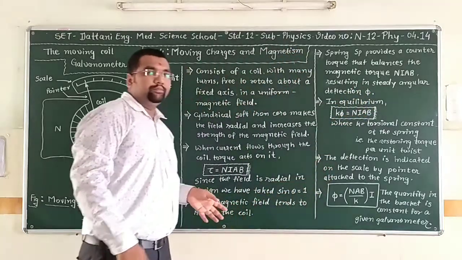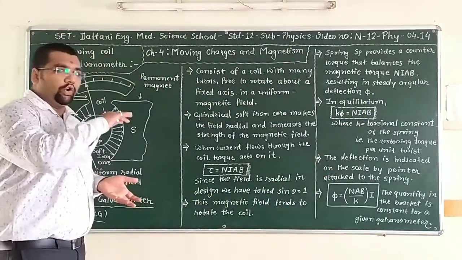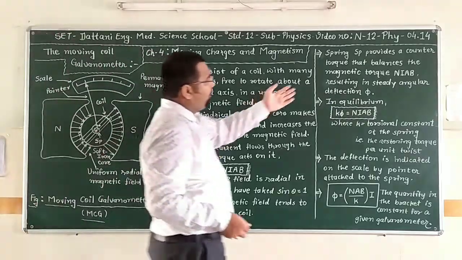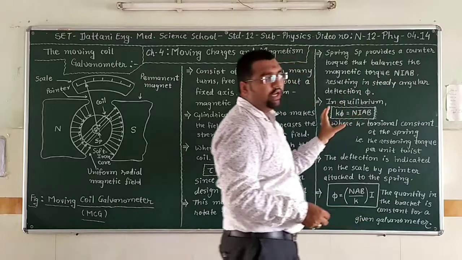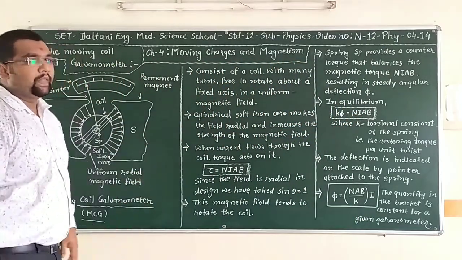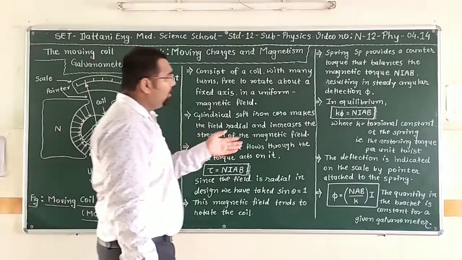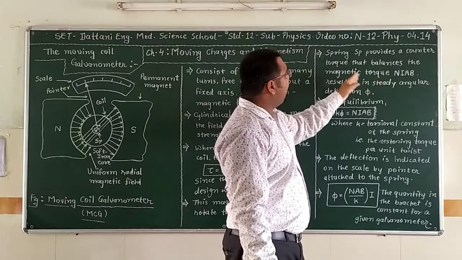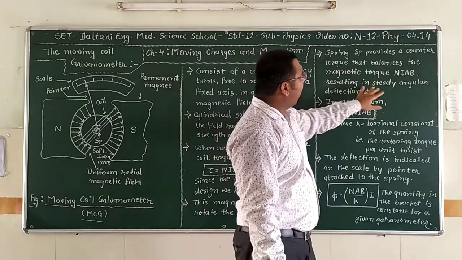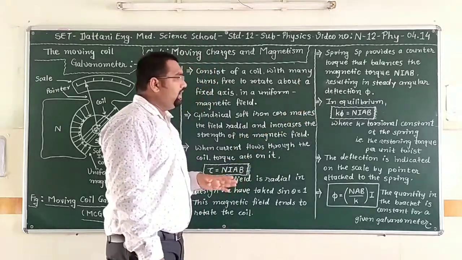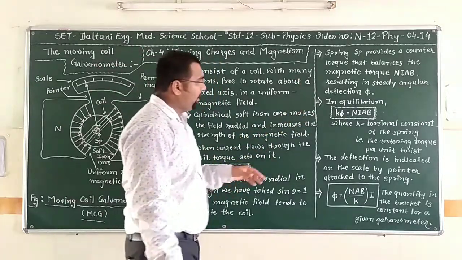As the coil moves in one direction, this spring provides a counter torque that opposes the motion of the coil. So we can say that the spring provides a counter torque that balances the magnetic torque NIAB, resulting in a steady angular deflection phi. So we can compare these both values.